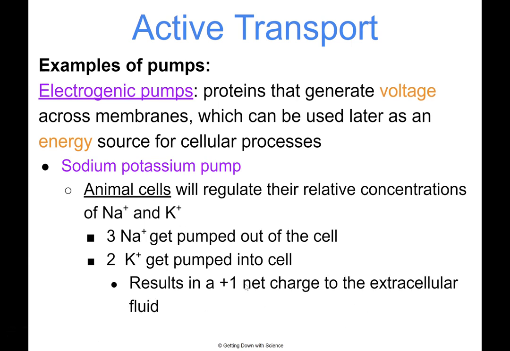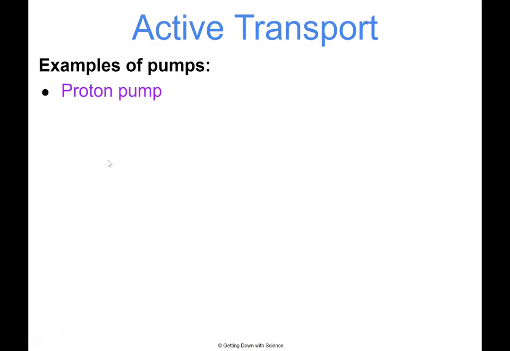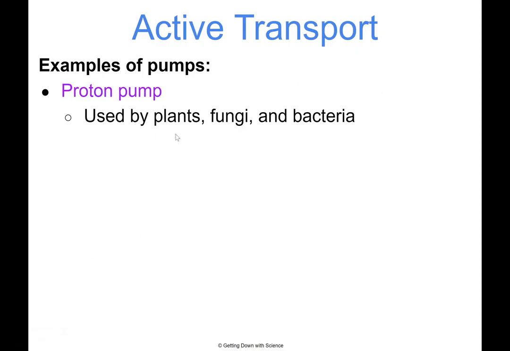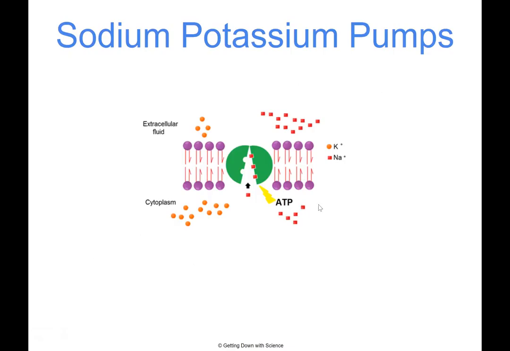So every time we use that sodium potassium pump, we get a net +1 charge to that extracellular fluid because we put 3 pluses out and only brought 2 in. So we ended up with an extra plus outside. Make sense? Hopefully. Okay, then we could have a proton pump. So plants, fungi, and bacteria will typically use proton pumps, and they will actually pump hydrogen out of the cell.